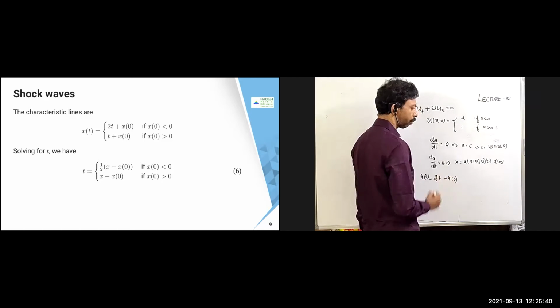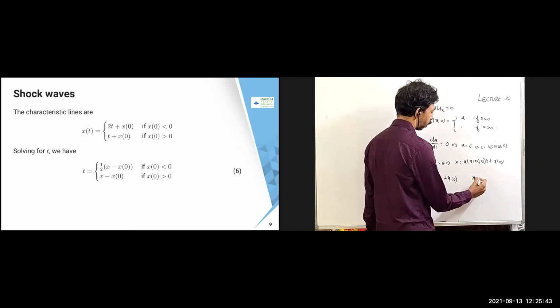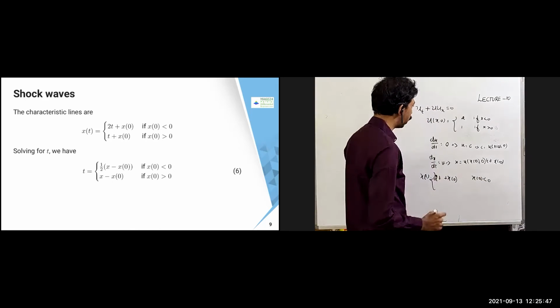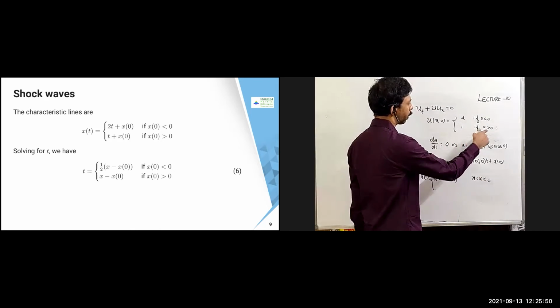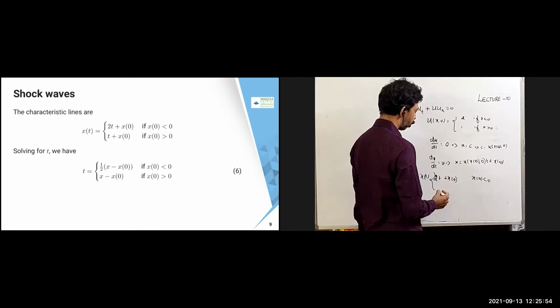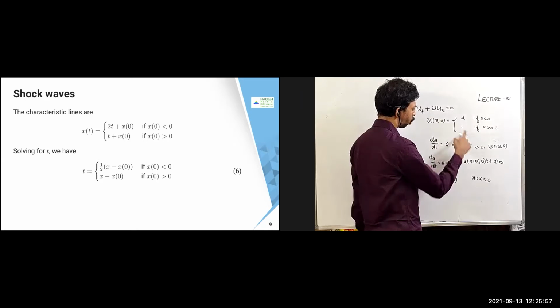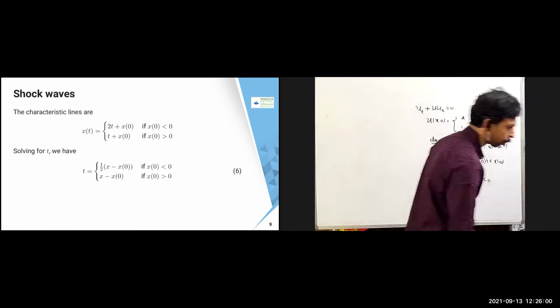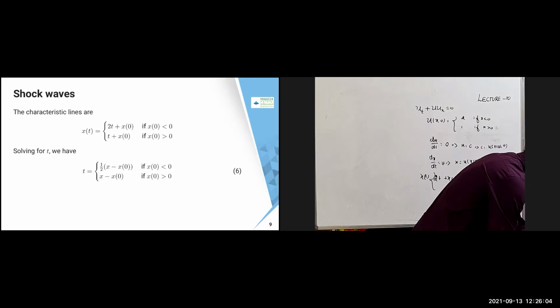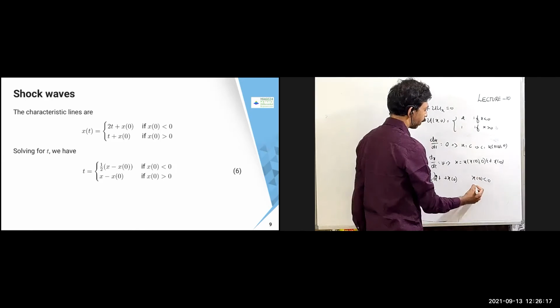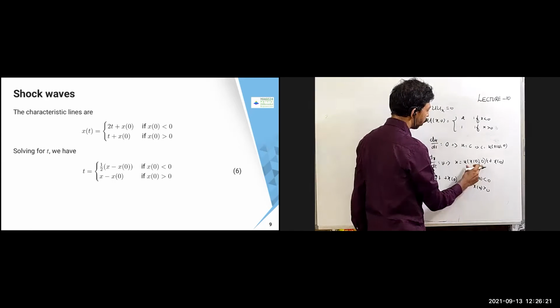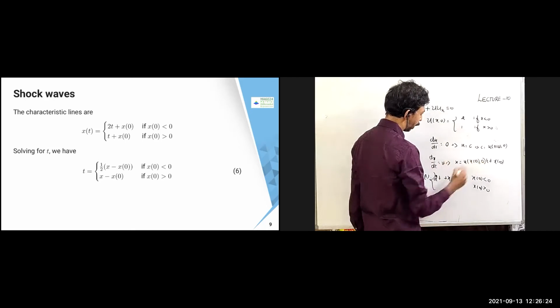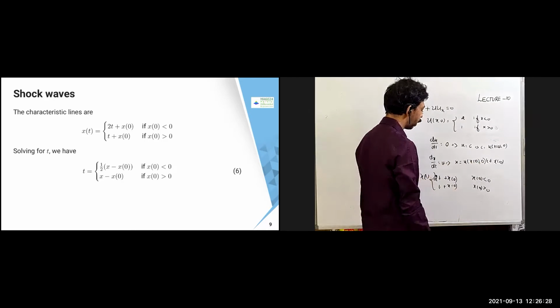And when x of 0 is greater than 0, substituting here, u is 1, so therefore x of t is going to be t plus x naught.